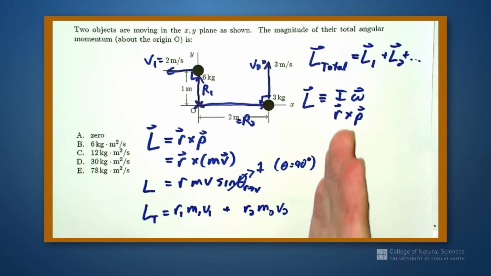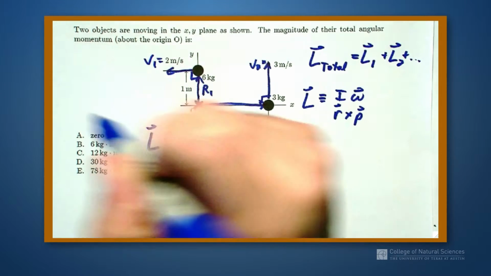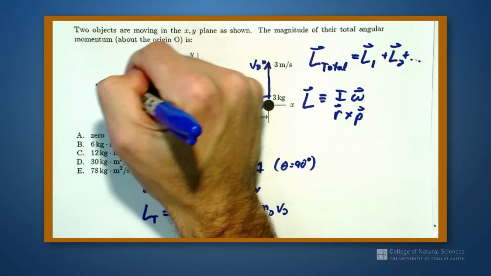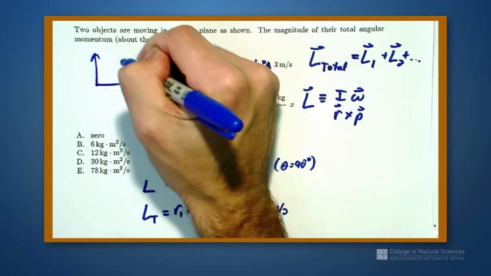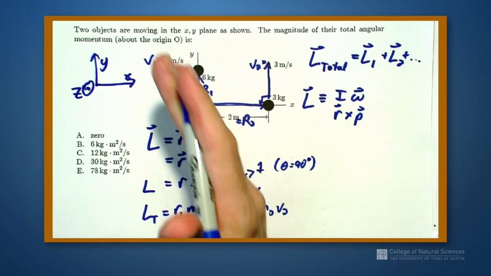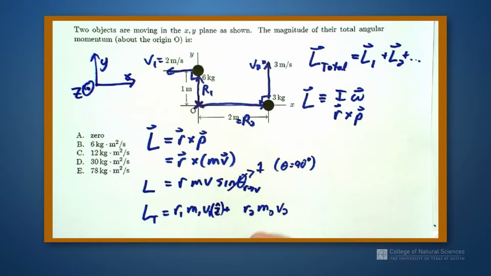So I'm going to use my right-hand rule and go r cross v. This points in the positive z direction. I have x, y, and z is going to point out at us. So r cross v gives me an upward direction as my value.